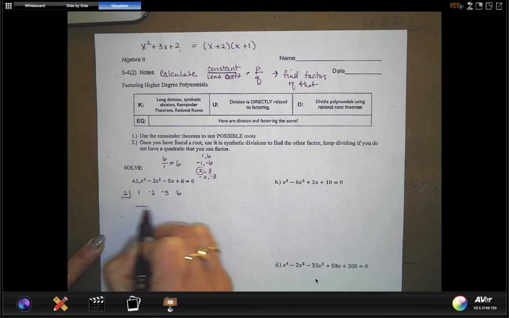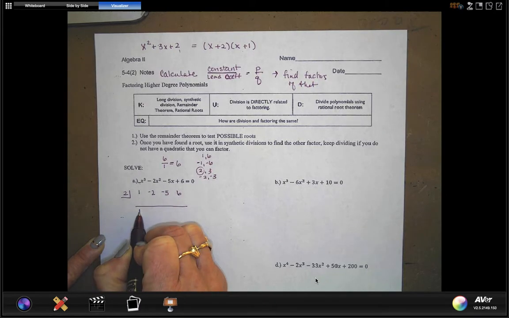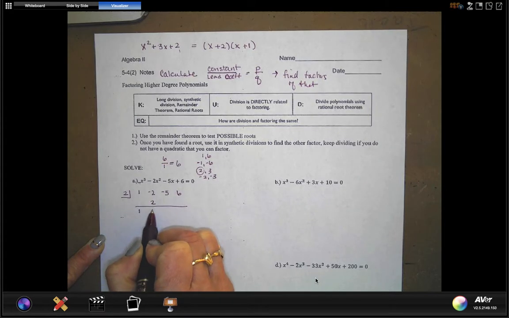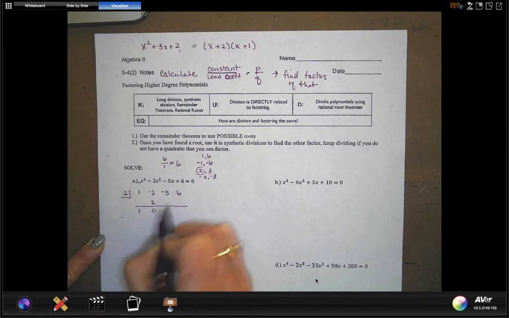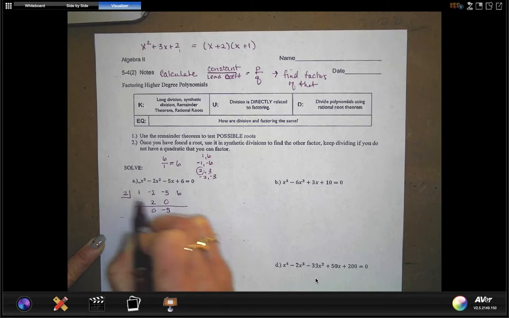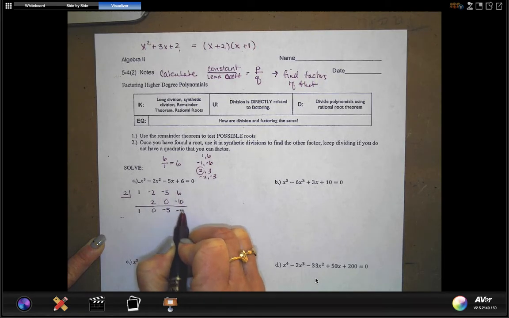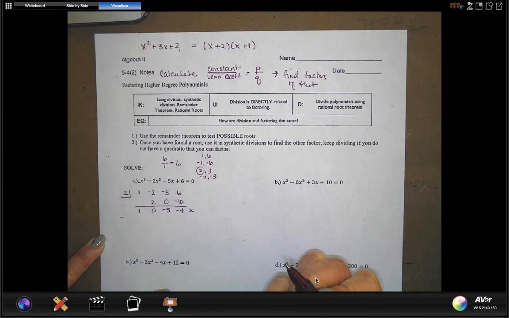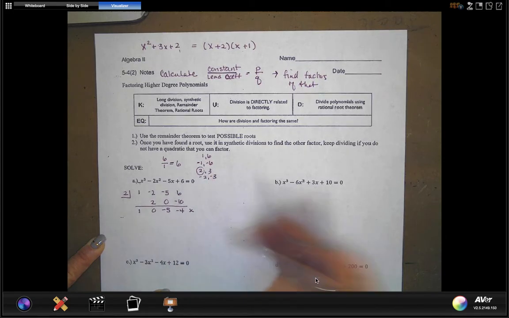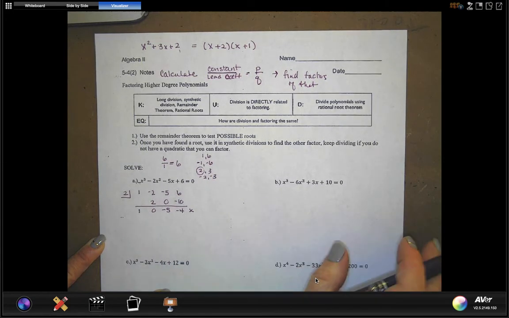So remember with the synthetic division, this one just comes down. So I do 2 times 1, I get 2, 0, so 2 times 0, I get 0. Add those together, I get negative 5. 2 times negative 5, I get negative 10. So 2 does not work. So I'm not going to try 3 because that's probably not going to work either.